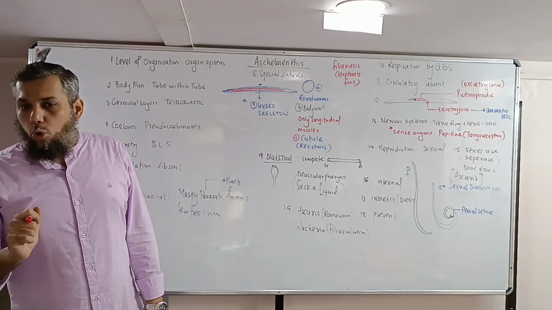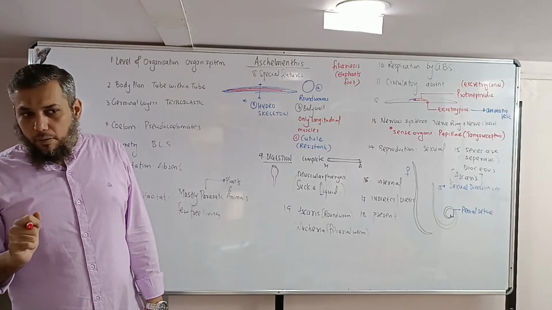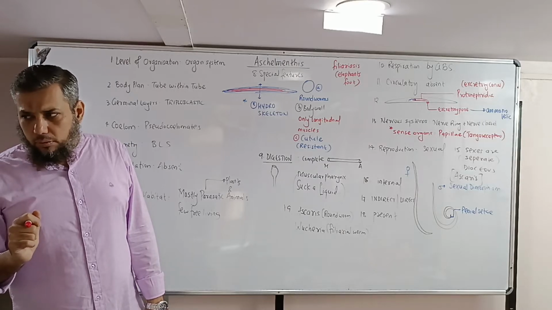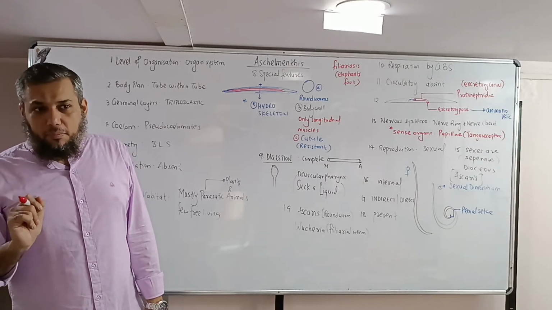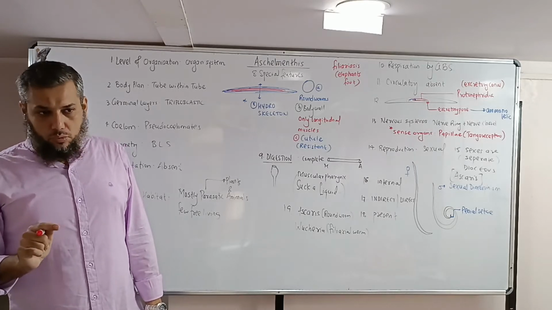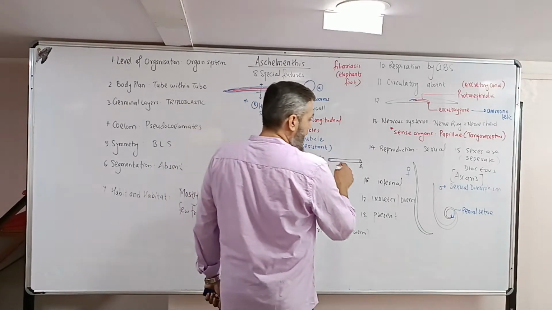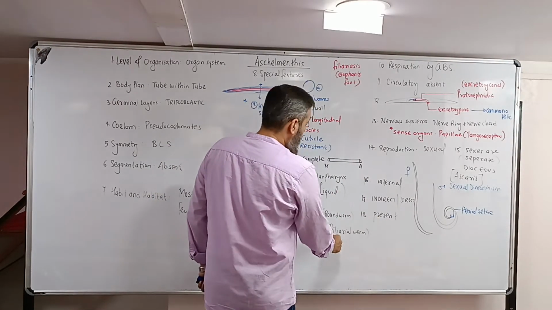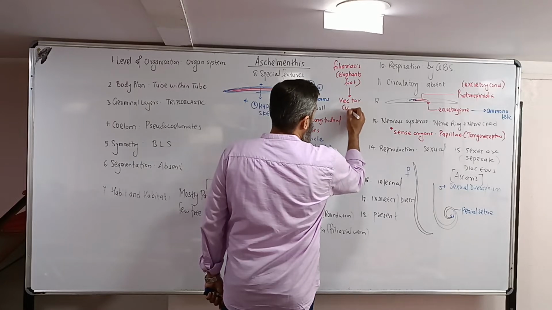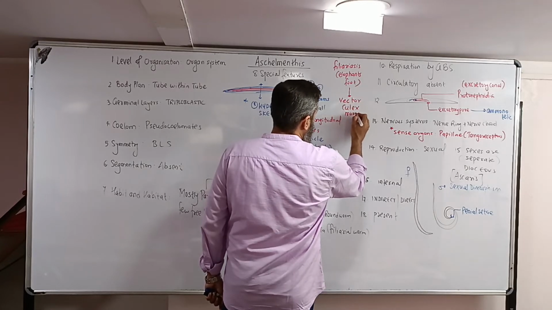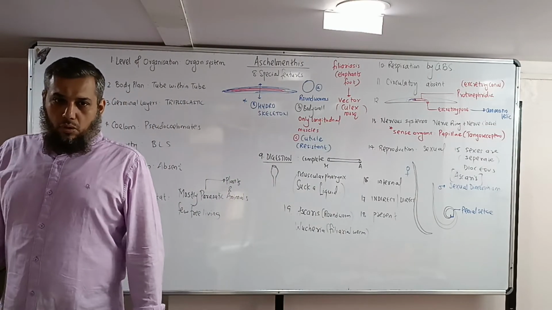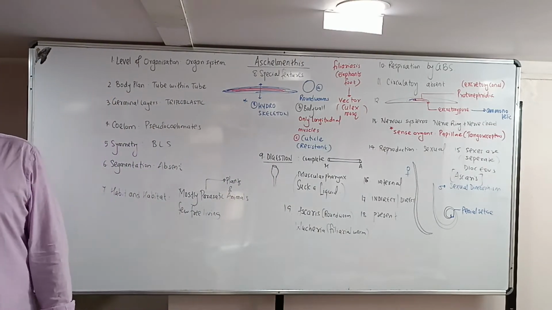Who causes malaria? Plasmodium. But who is the vector? Female Anopheles mosquito. Similarly, who is the causal organism for filariasis? Wuchereria. But who is the vector? It's a mosquito, Culex. Did you get my point?